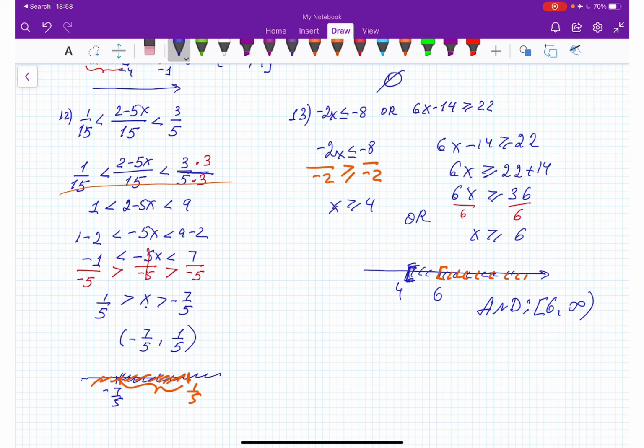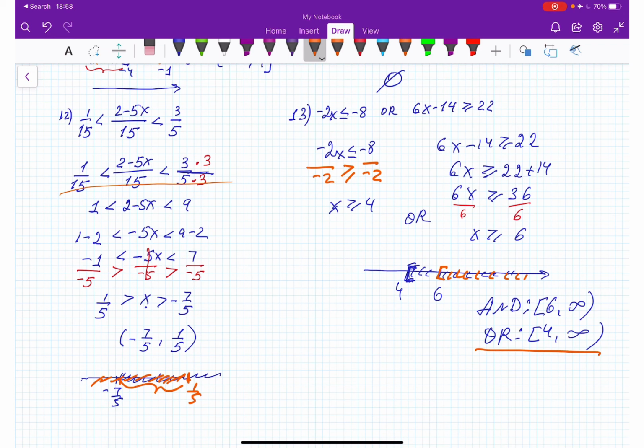So 4. For the or, the solution is going to be 4 all the way to infinity. Okay? This is the difference. And since our answer is or, this is going to be our answer. 4 to infinity.